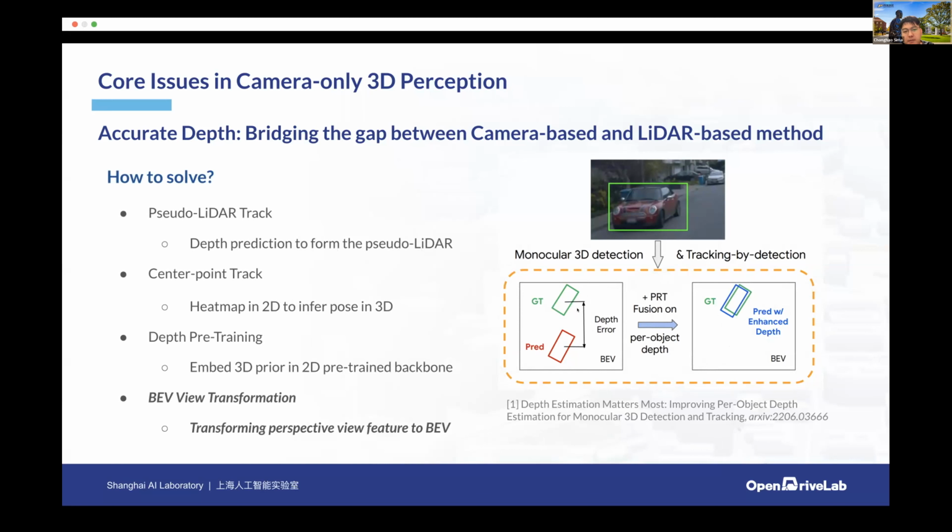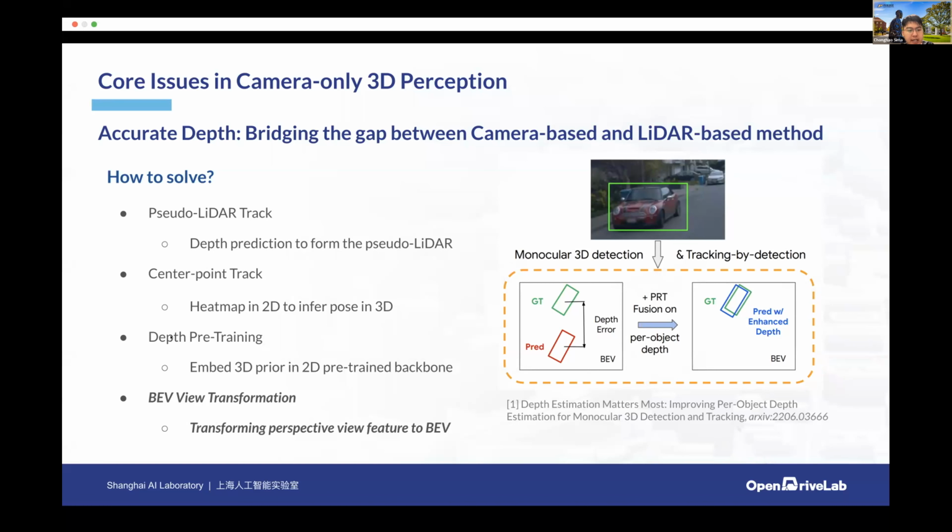Then how do we solve these accurate depth issues? There are many tracks to solve this. One is called pseudo-LiDAR. If we don't have the accurate depth, we can predict the depth to form such pseudo-LiDAR. Then there is the center point track. Here we can detect the heat map in 2D to infer the pose in 3D, based on the geometric mapping from the 3D space to the 2D perspective view.